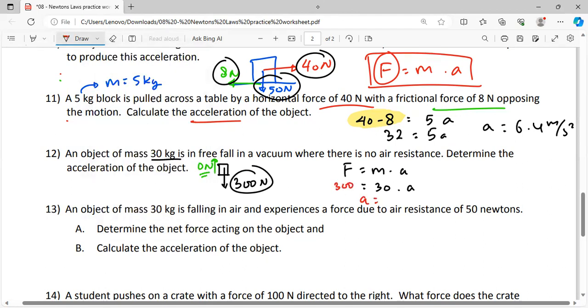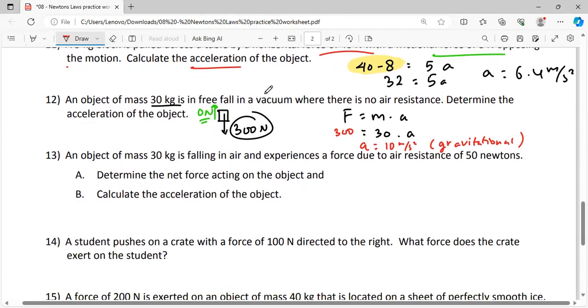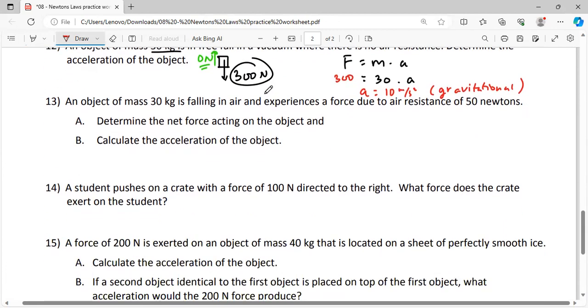So the acceleration here is 10 meters per second squared. Basically, it's the gravitational acceleration. That's the answer for number 12, sorry.